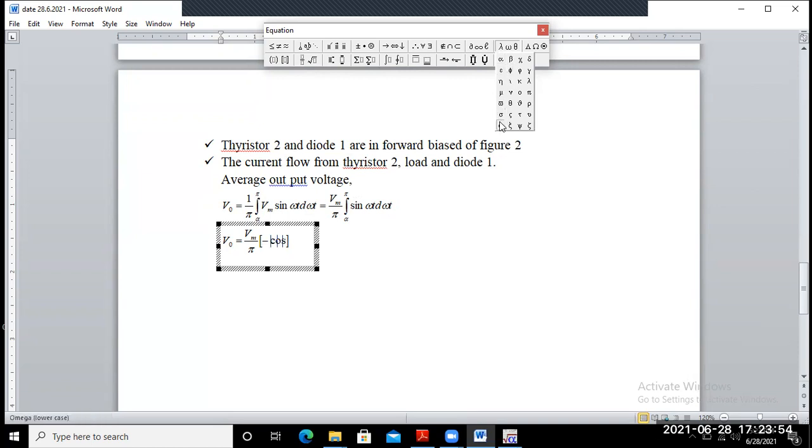The lower limit is alpha and the upper limit is pi.